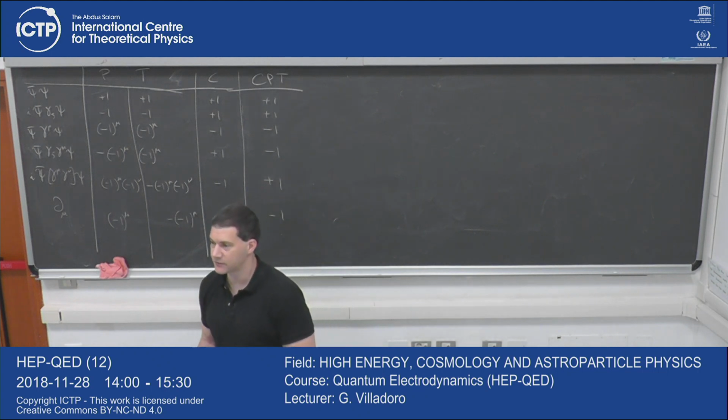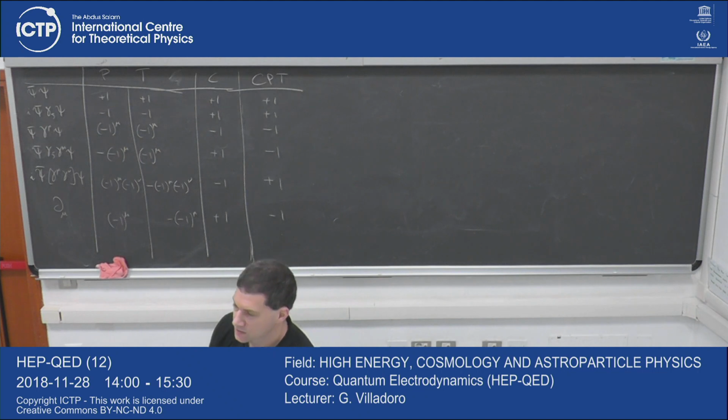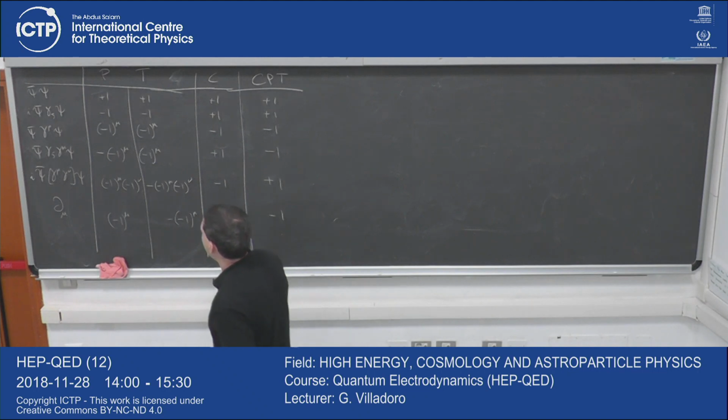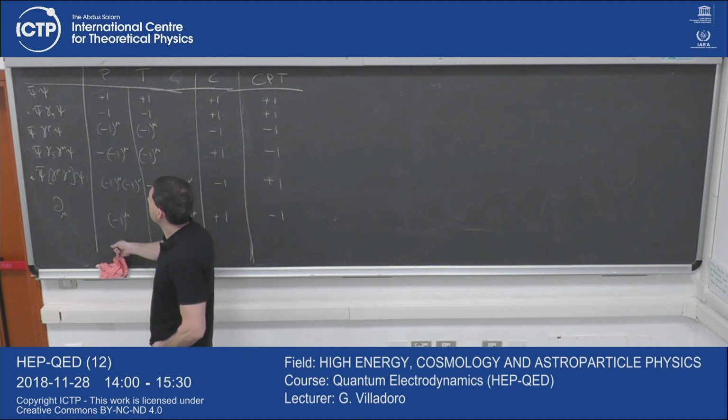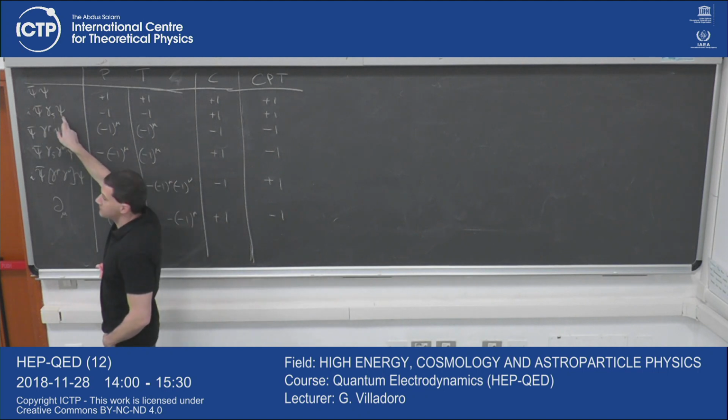Parity sometimes is preserved only in a mixture with some internal parity, or in other words, on a scalar field, which we didn't write here, parity can have an intrinsic phase, exactly like psi bar gamma 5 psi.